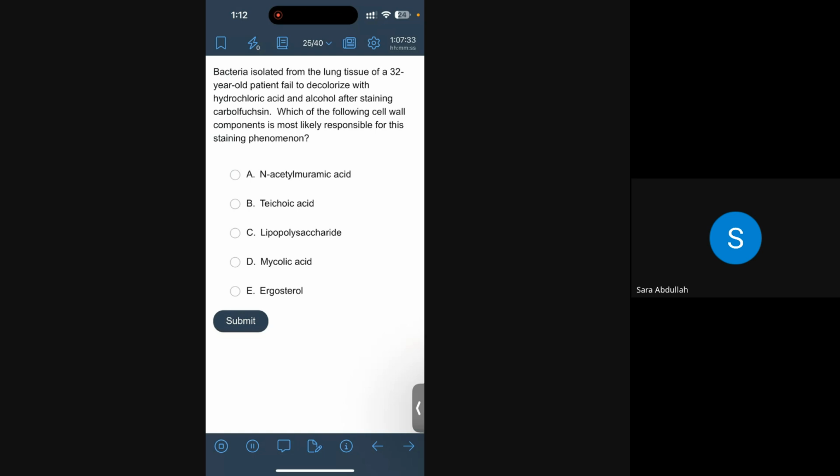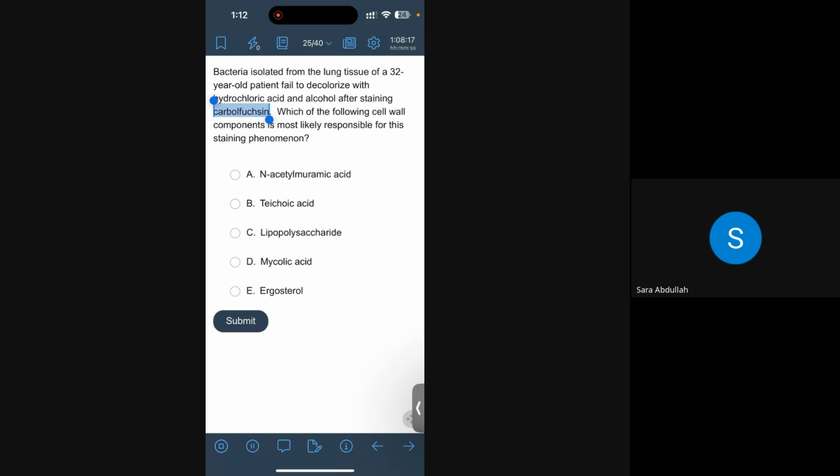Failed to decolorize with hydrochloric acid and alcohol after staining with carbol fuchsin.